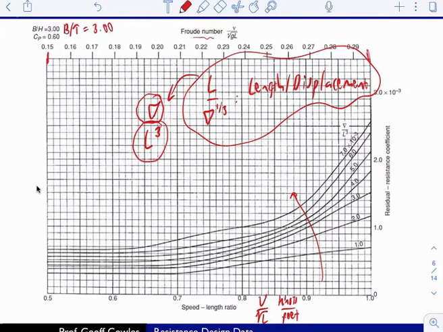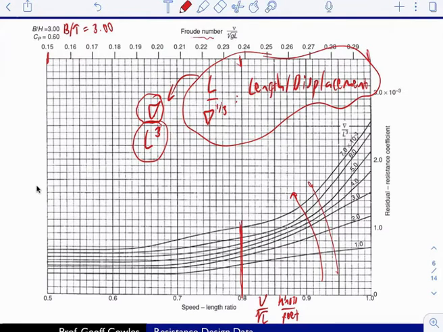You can see as the displacement relative to length increases, you're moving in this direction with these curves. And at a fixed Froude number, for example, here at a Froude number of about 0.238, something like that, or a length displacement ratio of 0.8, you can see what happens to the residuary resistance in this particular plot as you vary just that parameter.